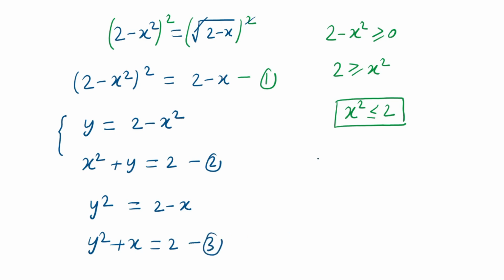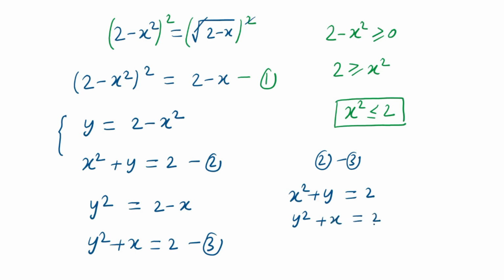Now subtract equation number three from two. Equation number two is x square plus y equals 2, and equation number three is y square plus x equals 2.